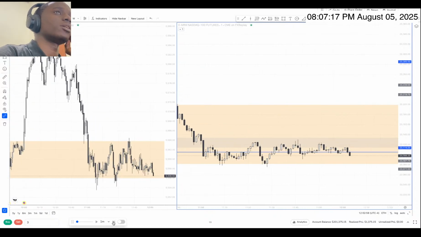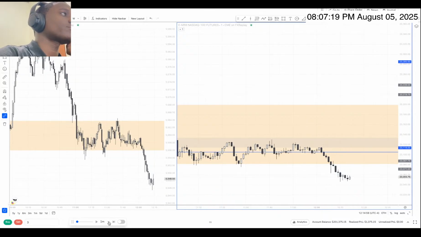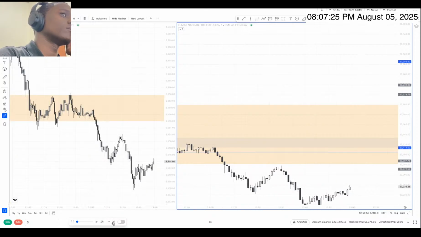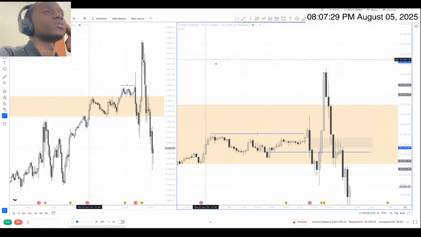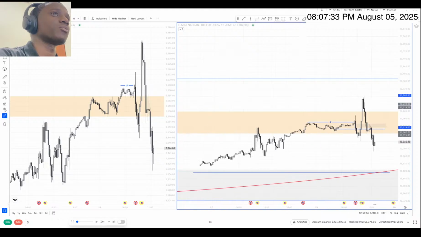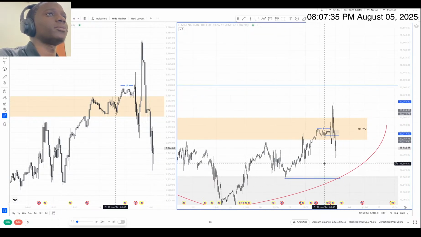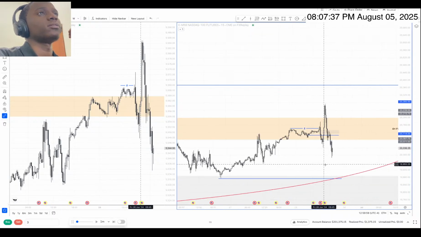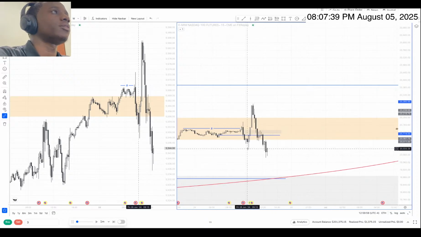Let's just go for lunch hour now. Back to 15. We've been hit with this word like 2 times, and here looks like we're pushing higher.